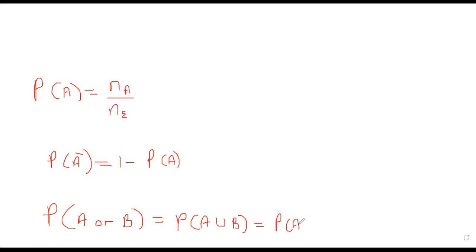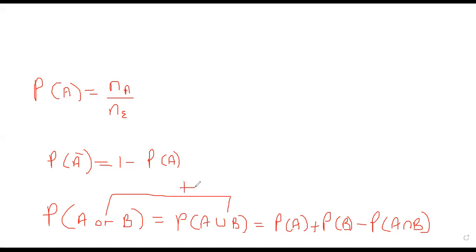Probability of A plus probability of B minus the intersection of A and B. Okay, so the word and is the same as intersection.